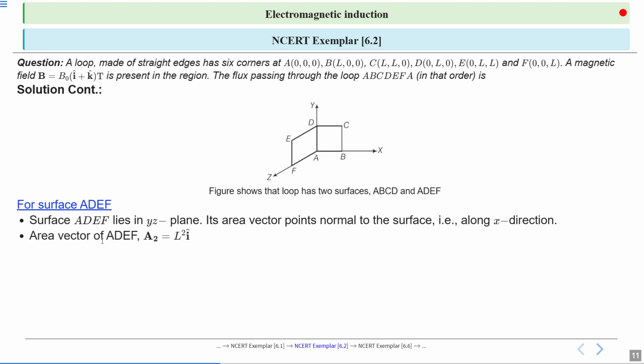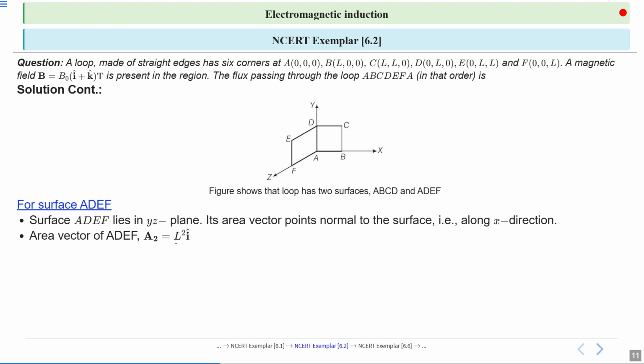So area vector of ADEF, so A2 will be equal to, again length of side for this loop is also L. So area will be L square again, but the direction of area vector will be different in this case. So direction of area vector will be towards x-axis and unit vector will be I cap, like this.